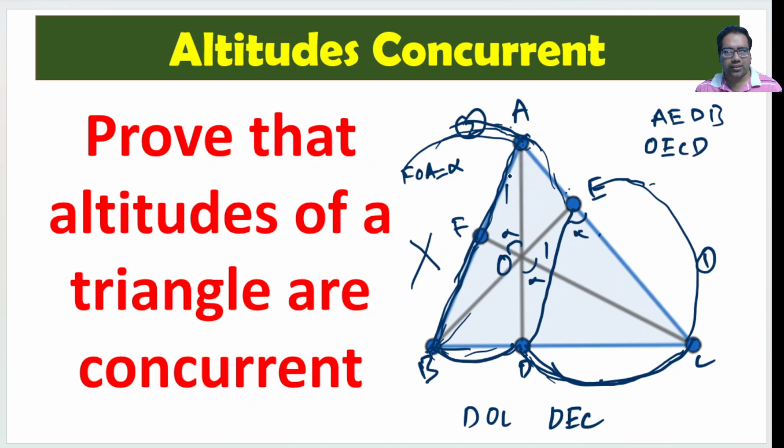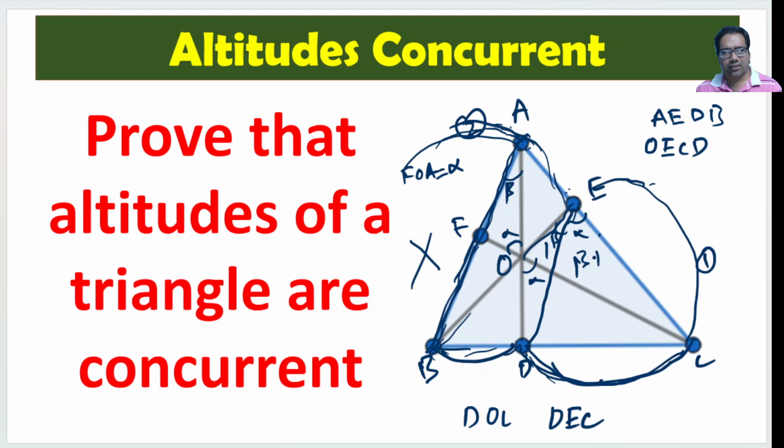BD is making beta, then BOD, this is also beta. Basically, what does it mean? BED, this is beta, and DEC, this is alpha.